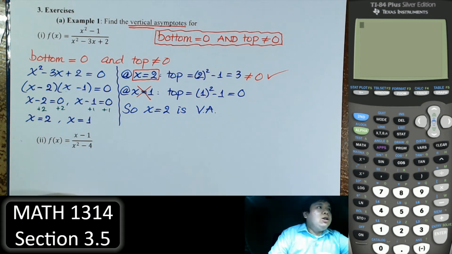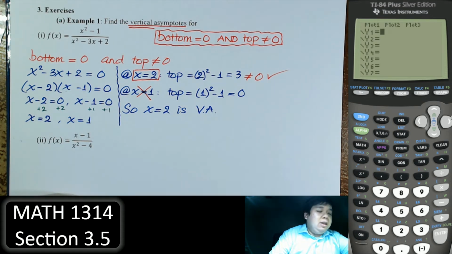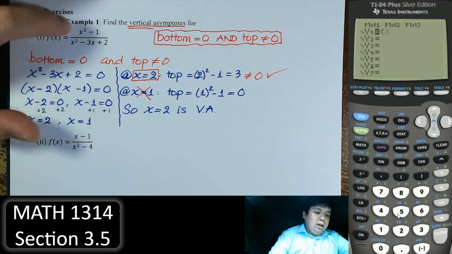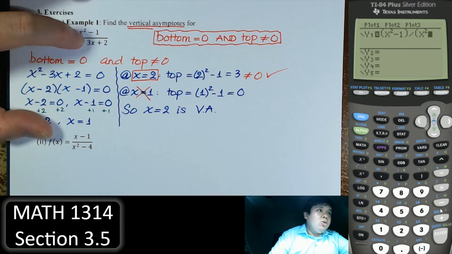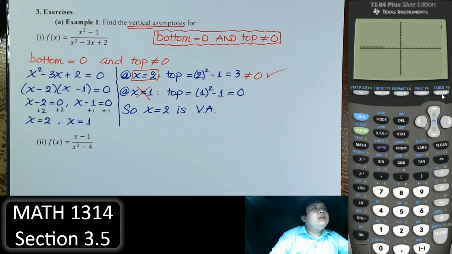Right. Now let's just graph and see if it is the vertical asymptote. x squared minus 1 divided by x squared minus 3x plus 2. Let's graph it.